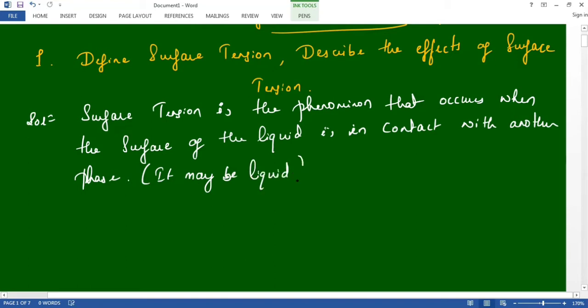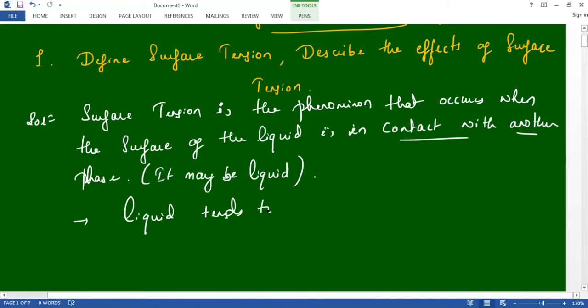Let us recall once again. Surface tension is the phenomenon that occurs when the surface of the liquid is in contact with another phase. The next point is that a liquid tends to acquire the least surface area possible.